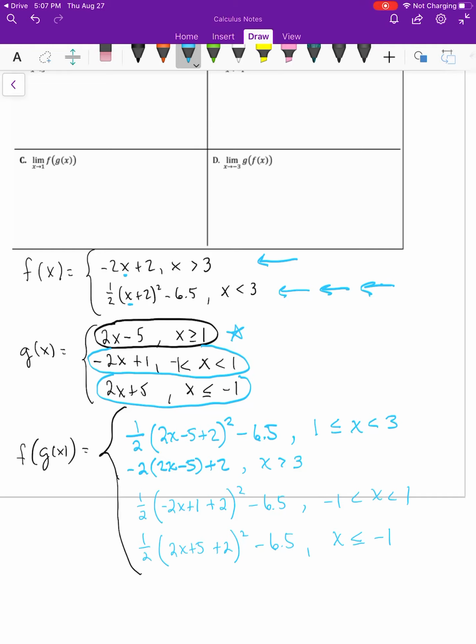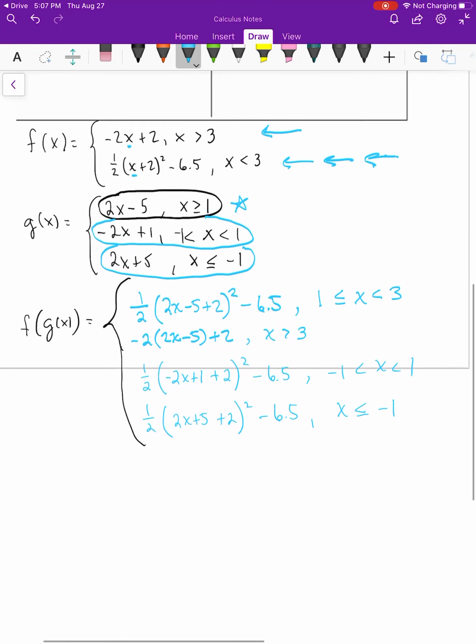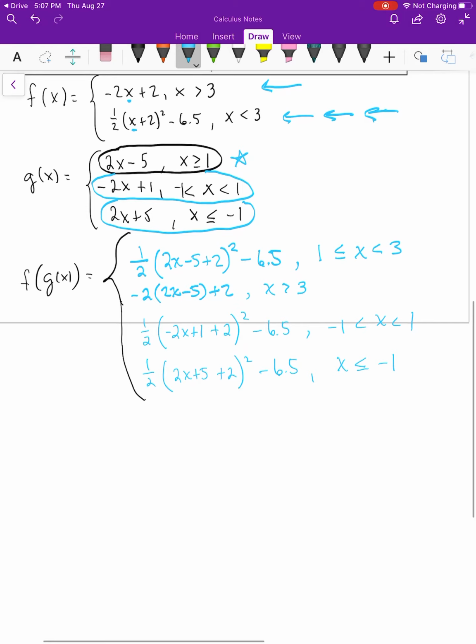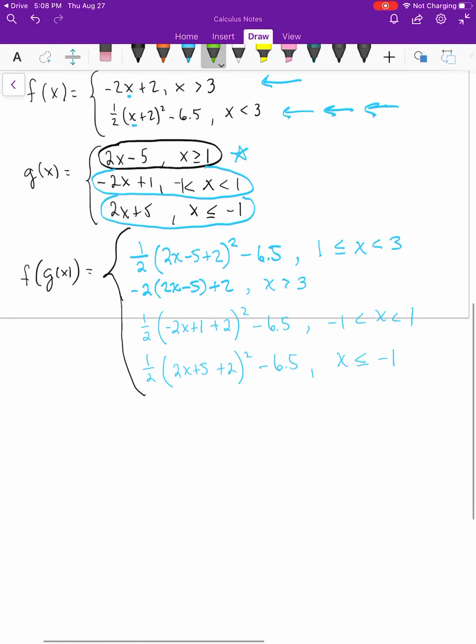I know you wouldn't do this. I'm just trying to prove why the answer actually is negative 6. I did the short way out, but now that we did it this way, let's just do the problem. I just want you to see why it works. Now they're asking us about the limit as x goes to 1 of f of g of x.